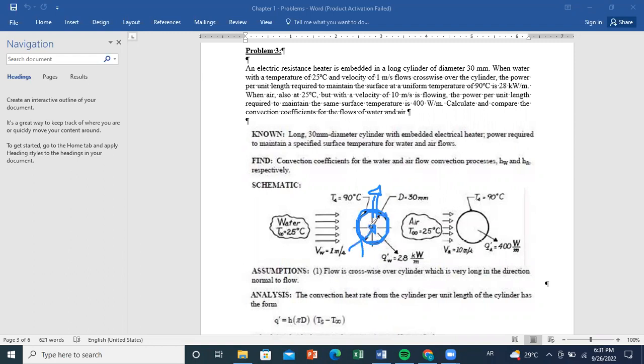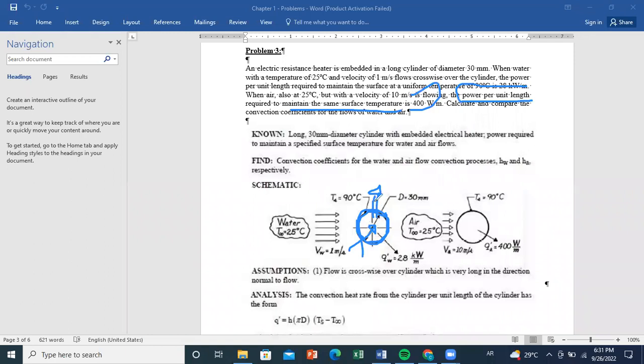So you need a power that is supplied to maintain your surface at the temperature that you want. And the question is to find the convective coefficients of water and air, knowing in each case the power per unit length that we are using.